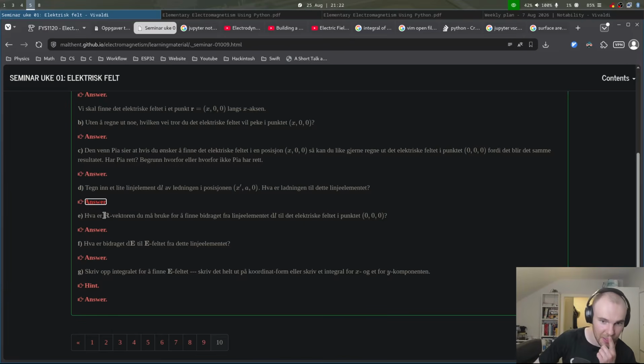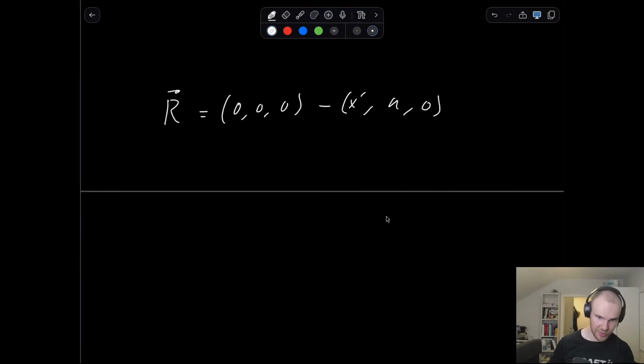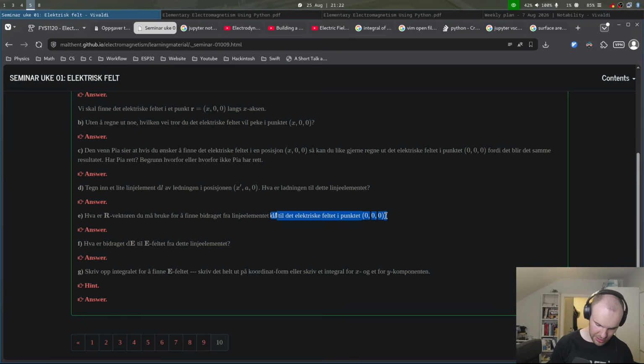What is the r vector that you need to use to find the contribution from the line element dl to the electric field in the point 0, 0? It's the same as I did there, so we can just use it. So r, from 0, 0, which means that our position is just 0, 0, and it's the relative vector, so it's minus x prime and minus a.